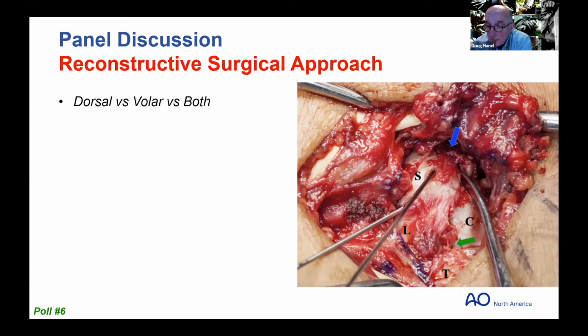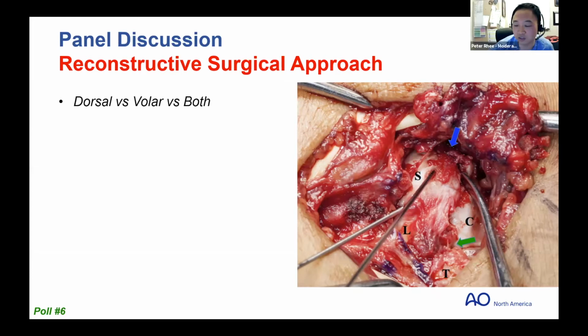If you've tried to stabilize the scaphoid without doing that, the scaphoid is all over the place. But if you close down the space of Poirier with sutures, not necessarily wires, it really makes the reduction of the scaphoid a lot easier. And then I go dorsal and expose the fracture from dorsal and put a compression screw across.